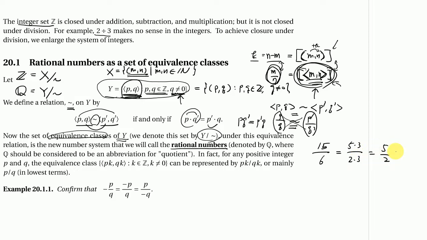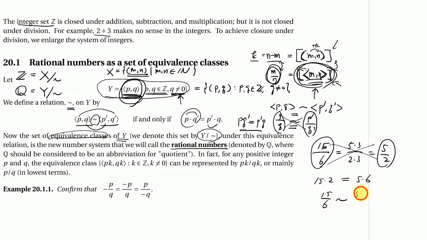The reason is that these two quotients, the rational numbers, belong to the same equivalence class according to this definition. When you multiply them, 15 times 2 and 5 times 6 are both 30. So they are equal, which means 15, 6 has a relation with 5 halves.